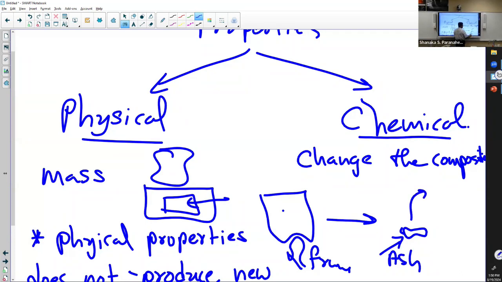At the same time, this is going to produce carbon dioxide and water vapor, and maybe carbon monoxide as well. When we burn things, it always produces carbon dioxide, carbon monoxide, and water, which means it's a new substance. Anything that produces new substances is going to be chemical. That's how we identify physical and chemical properties.